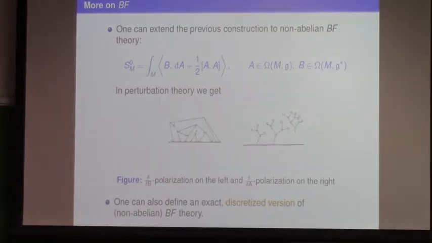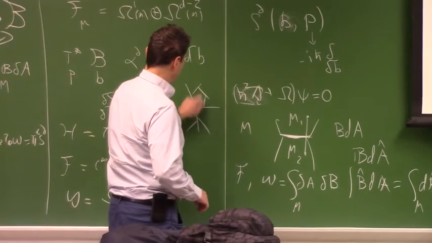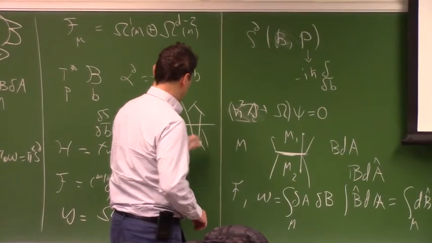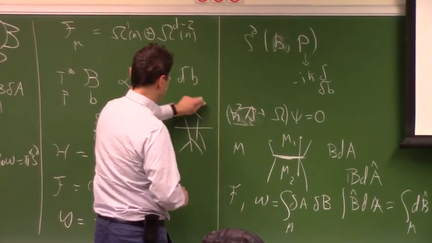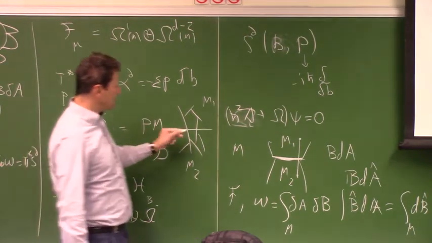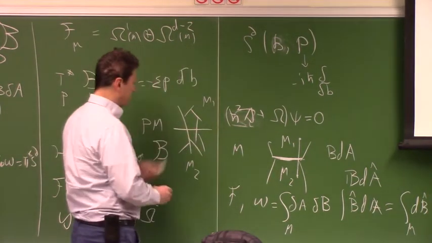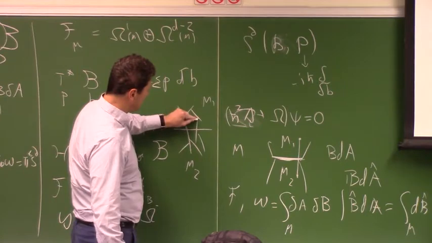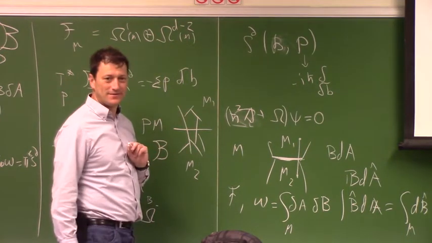Suppose I have some Feynman diagrams on the manifold with boundary. The manifold is cut into two pieces, M1 and M2. If I cut it, sometimes I would see a propagator that goes from one side to the other.